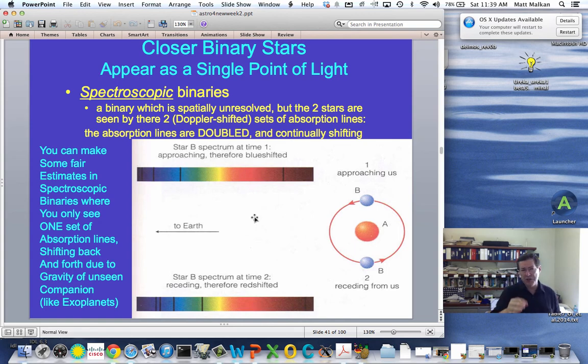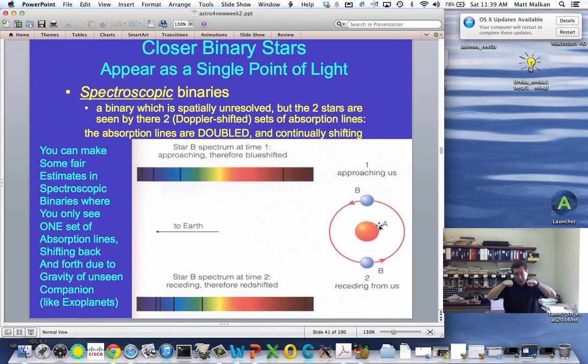I've been assuming here for simplicity that we're viewing this orbital plane of stars edge on, like this. That way, when they're coming towards you, you're seeing the entire approach motion, the full blue shift. When they're going away from you, you see the entire redshift of velocity.